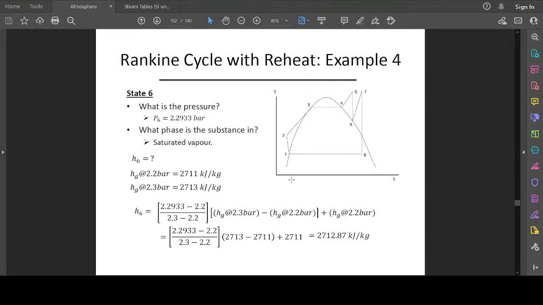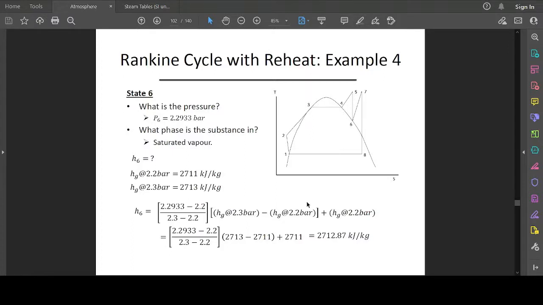If we go to the pressure at 2.2 bar, there is no pressure of this value in the steam table, so we need to interpolate between two pressures that this falls within, and we can find the corresponding enthalpy for the saturated vapor at stage 6.